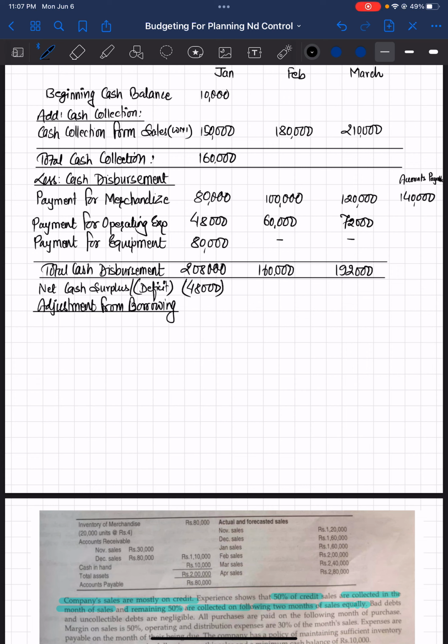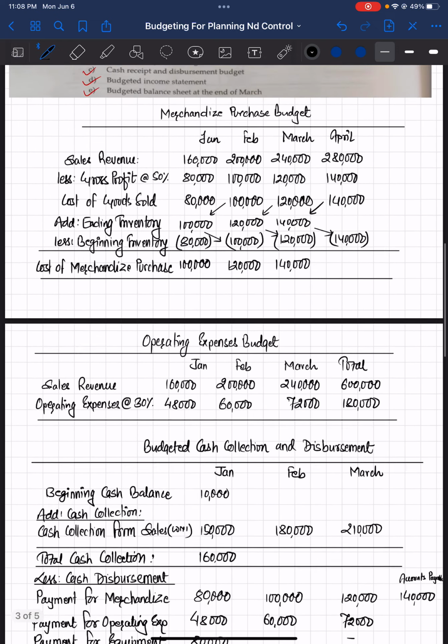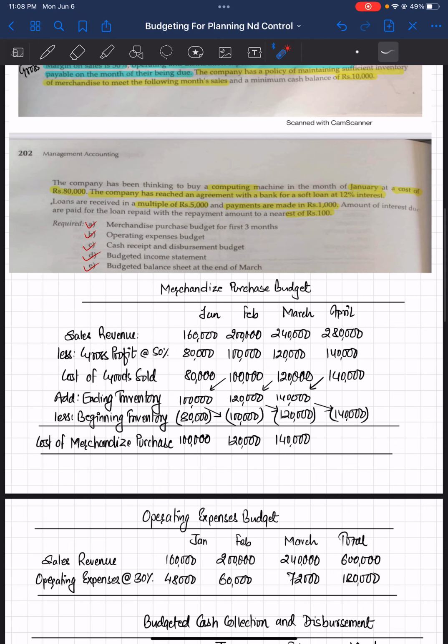All right. So this adjustment from borrowing will have two sections. One is principal, another one is interest. As you can see, we are 48,000 short, besides our minimum cash balance. So if we add our minimum cash requirement to this 48,000, that is going to be 58,000, so that I make sure that I maintain the minimum cash balance. But I will not be able to borrow that 58,000, because I need to make sure that I borrow in multiples of 5,000.